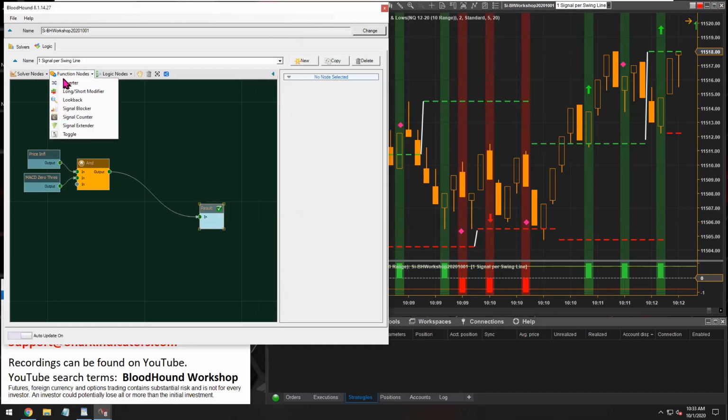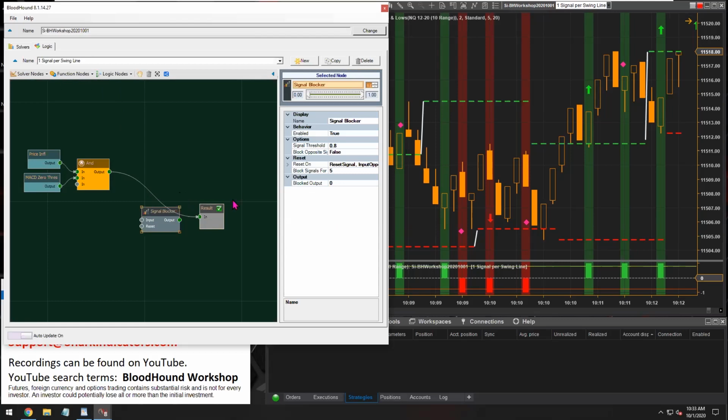All right, so under the function nodes, we have a signal blocker, signal counter, signal extender, some toggle nodes and some other ones here. So the signal blocker is specifically designed to allow the first signal to get through and then block any consecutive signals afterwards, based on various other scenarios.